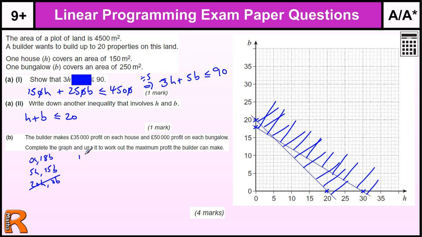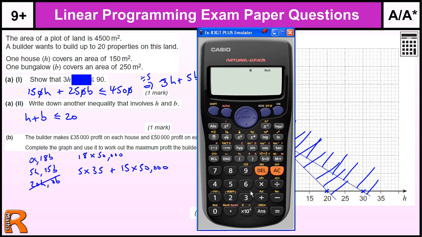So we've got 18 times 50,000 for the bungalows, and then we've got 5 times 35,000 plus 15 times 50,000 for that point. It's probably going to be this point, but we'll just check it through. 18 times 50, 1, 2, 3. It's going to be 900,000.